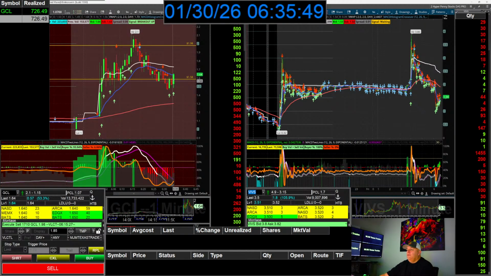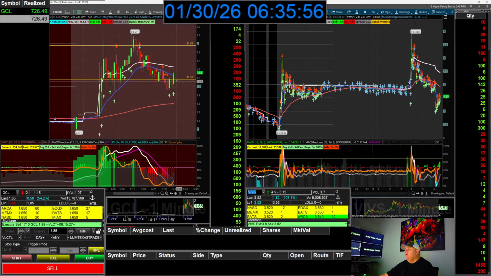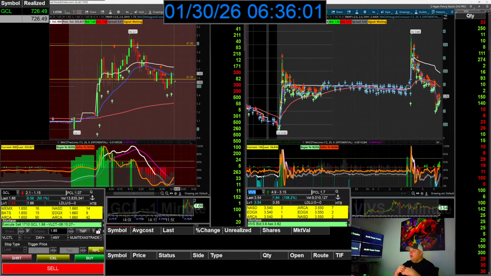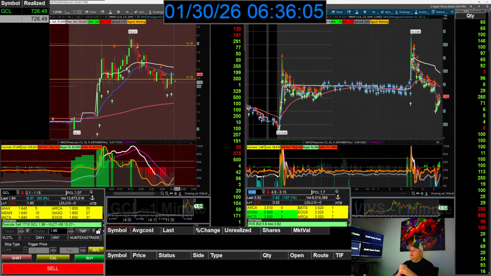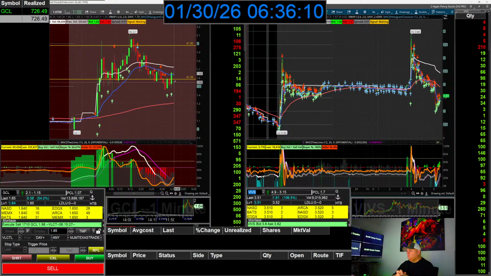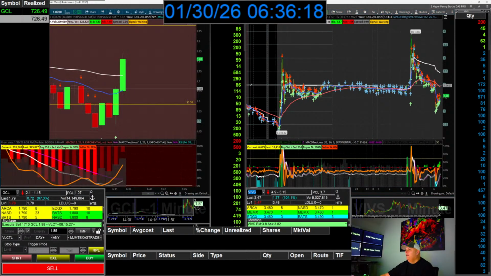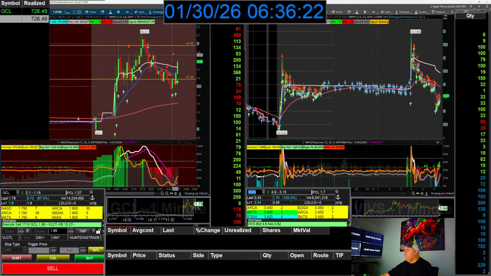Okay, this one, if you go back to the GCL, you see how it's spiking up, it's trying to come back a little bit. Can I get in and catch 10 cents? Yeah, I could. My indicator is telling me it's starting to come back with a little life. But if it passes the VWAP, we'll revisit it. Look at that. Oh, look at that. See that? 150 to 180.